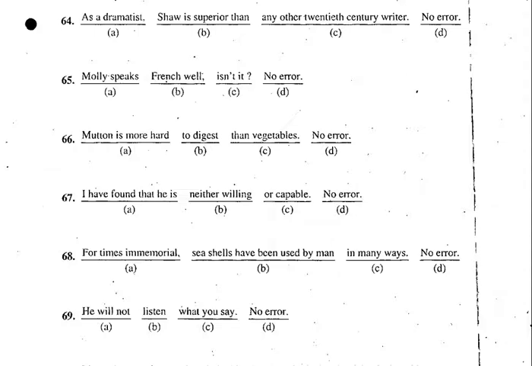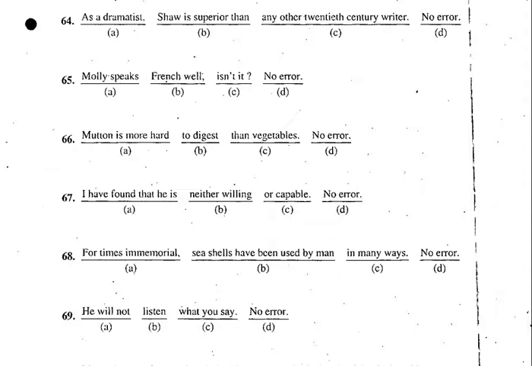Or sometimes even in the case of preferable we use that, like health is more preferable to wealth. And this cloth is inferior to that cloth. You got it now? So whenever these words appear, you have to use to. Very important rule. Remember this. Superior to, senior to.